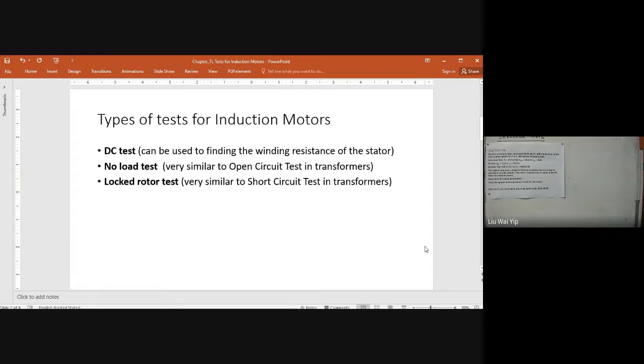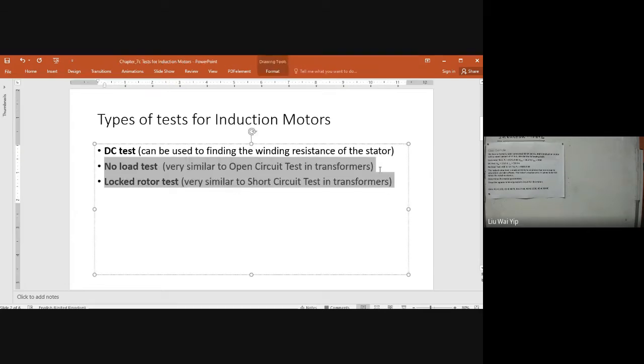Typically we have three kinds of tests for the induction motor. The first one is the DC test. The second one is the locked rotor test.